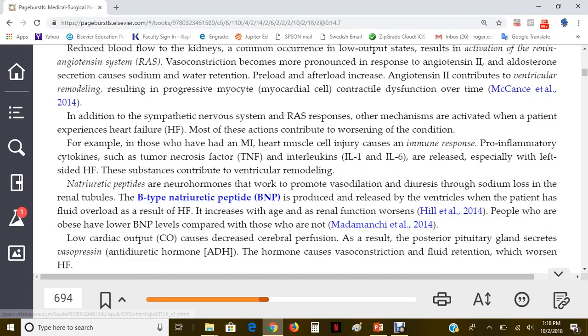Let's go to BNP. As we did in chapter 11, BNP is produced and released by the ventricles when the patient is in fluid overload from heart failure. Meaning this is now triggered by the stretching. Remember the stretching? Now, when did the heart become stretched? So let's use the same example.